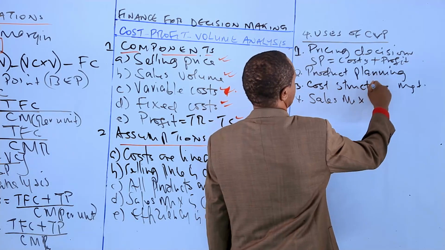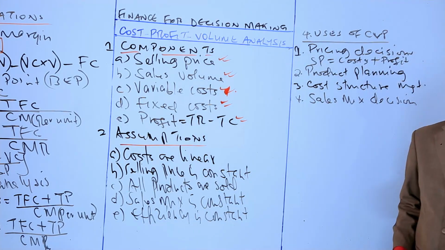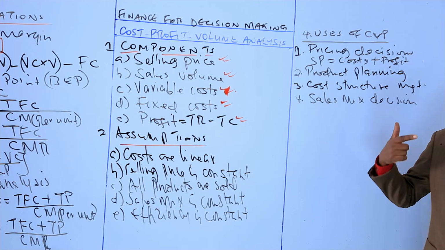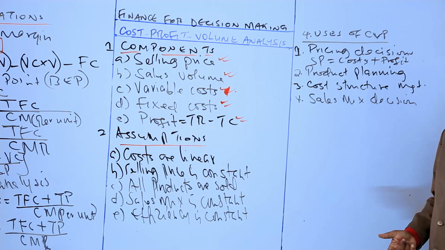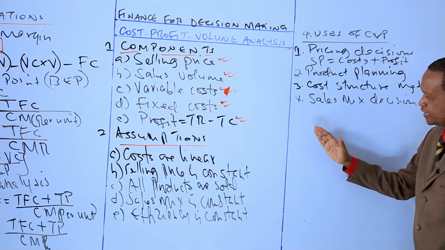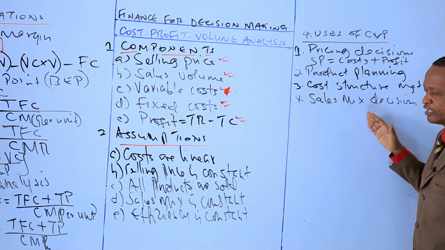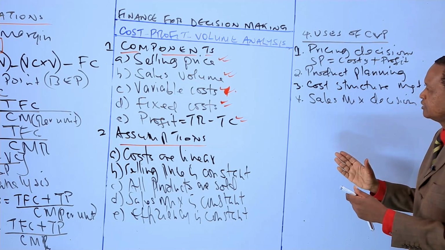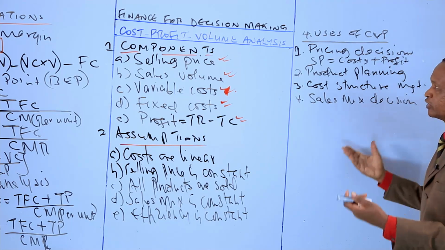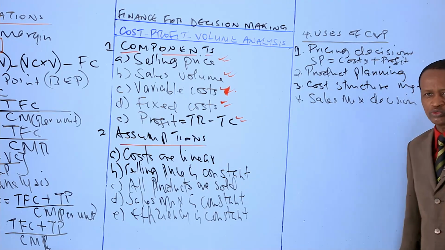Sales mix decisions. That means optimizing the mix of products sold to maximize the overall contribution margin ratio. What mix? Do we sell product A and B and C? Do we sell product A, we omit B and sell C? So the sales mix can be made possible by relying on CVP analysis, because then the company can be able to determine which products generate high contribution.